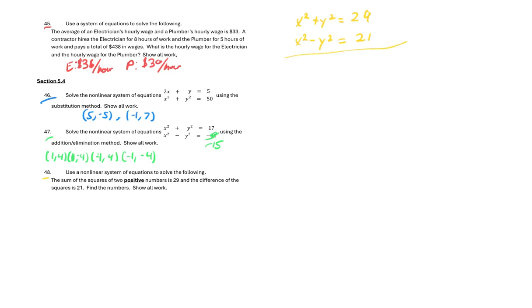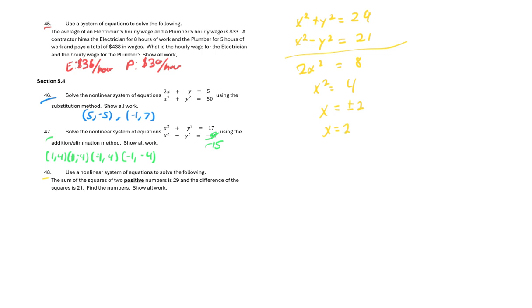See that this is easily set up for elimination. So we get 2x squared is equal to 8. X squared is equal to 4. X is equal to, our math says plus or minus 2, but we only want the positive value. So x is equal to 2.